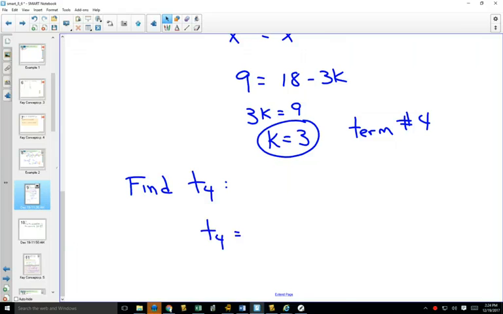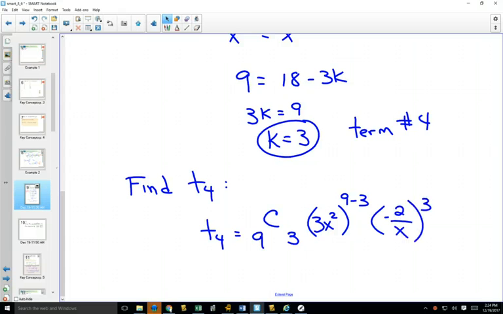Term 4 will be 9 choose k is 3. Our first term in this expansion was 3x squared to the 9 minus 3. And our second term was negative 2 over x to the 3.